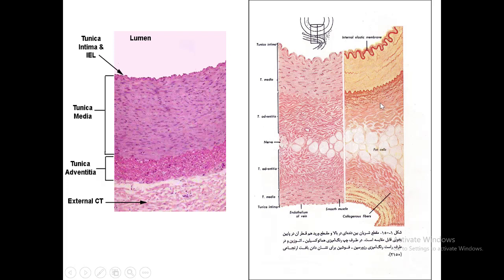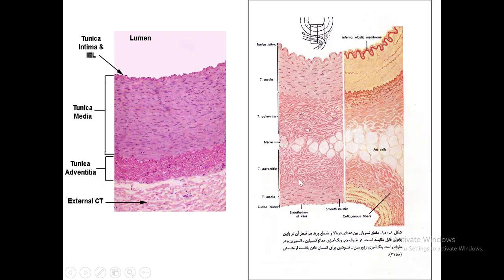So in the medium-sized artery, we can distinguish between the layers very well, but in the other vessels, these layers are obviously not distinguishable.